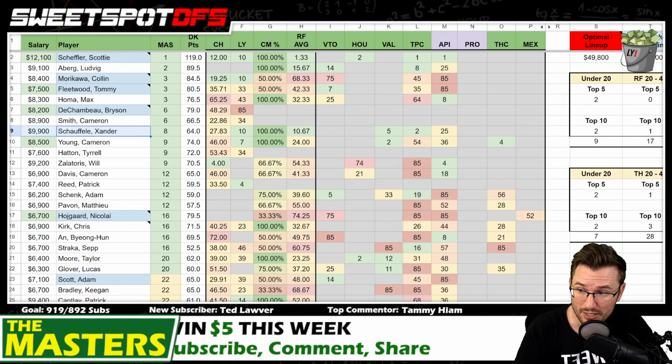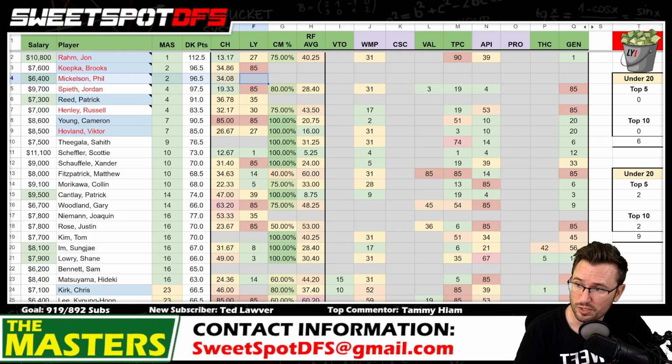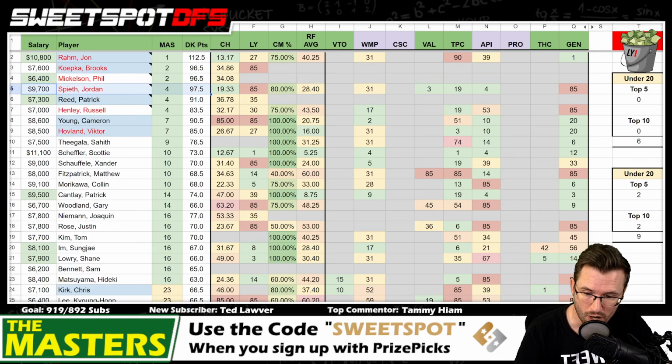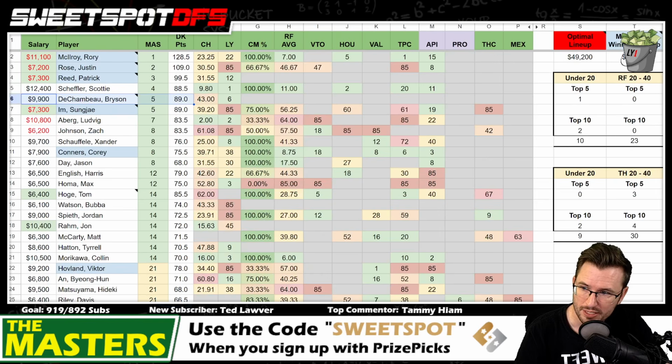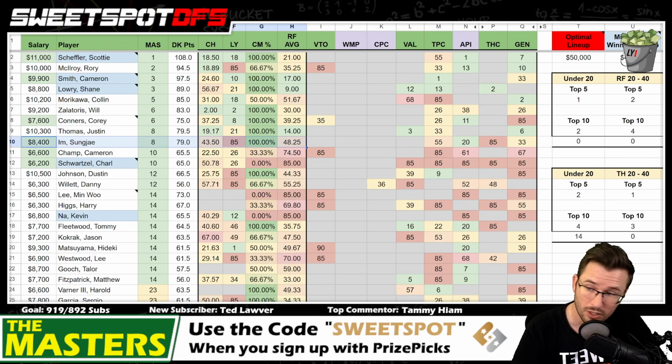2024, Scotty won at 12,100, and that's why you don't have a 9K golfer in the optimal lineup, though Åberg finished second. 2023, Jordan was your only 9K golfer at $9,700. That's because Rahm won. So that's 3 years in a row that a 10.8K plus golfer won. 2022, there's another one, Scheffler at $11,000.